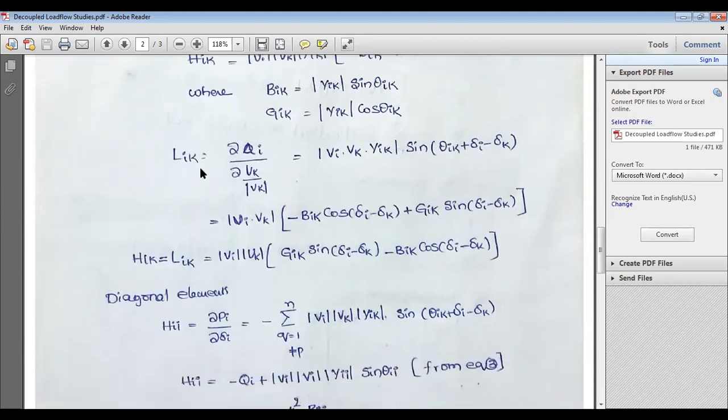Later, we are going to determine lik. So how do you obtain that lik? If you take the first partial derivative of that function, dou by dou vk by mod vk multiplied by dou qi, obviously you will get that one first of all.